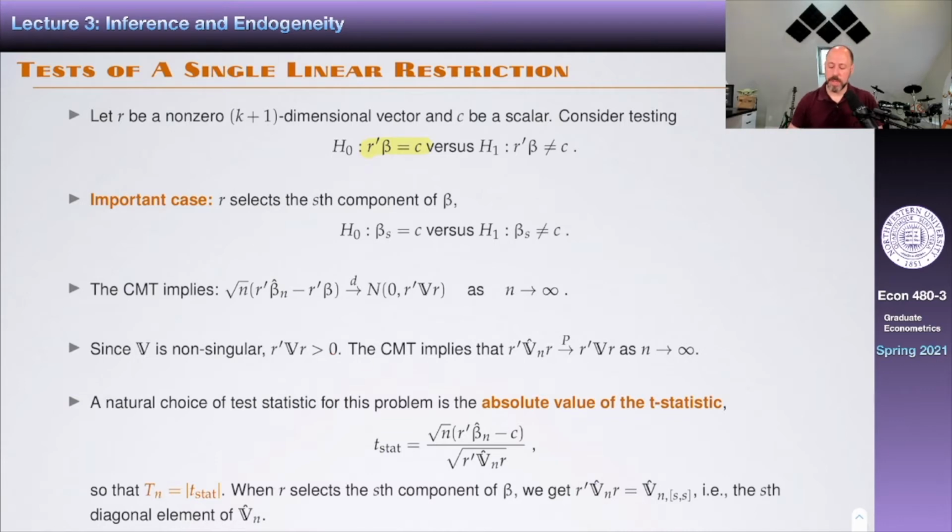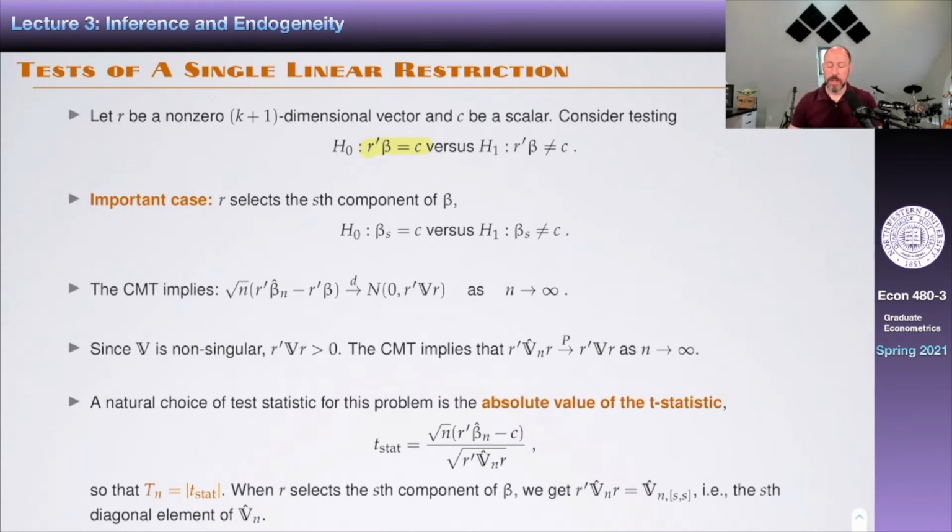In addition, the continuous mapping theorem implies that for whatever consistent estimator we use for B, R prime B hat R converges in probability to R prime B R. So as long as we have a consistent estimator of B, we also have a consistent estimator of R prime B R.